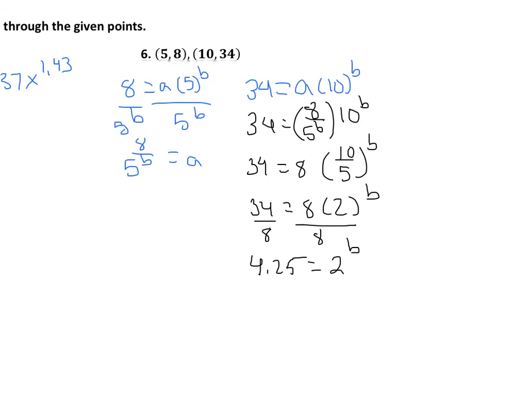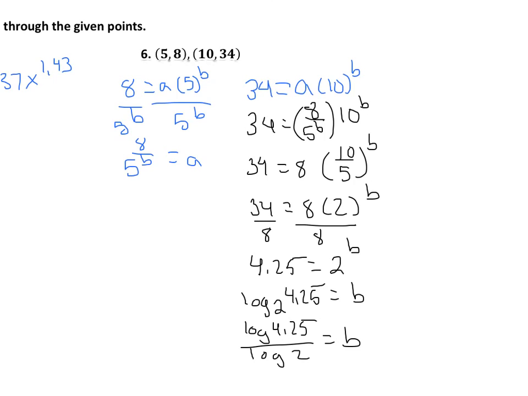Change it from exponential form to logarithmic form, so you get log base 2 of 4.25 equals b. And then we got to do the change of base to get base 10. So you get log of 4.25 divided by log of 2. We get that b is approximately 2.09.